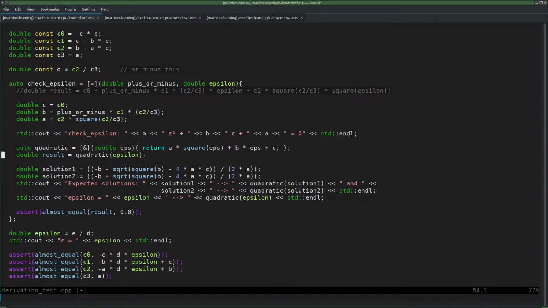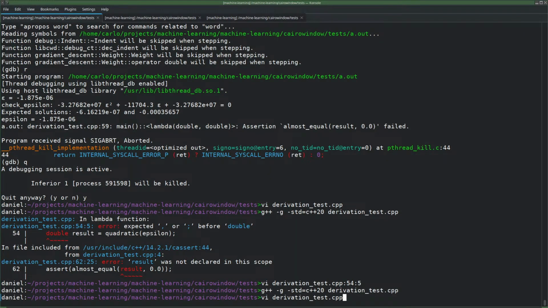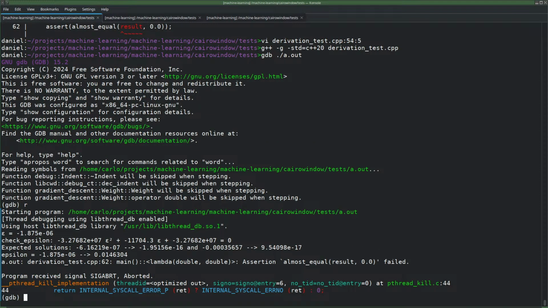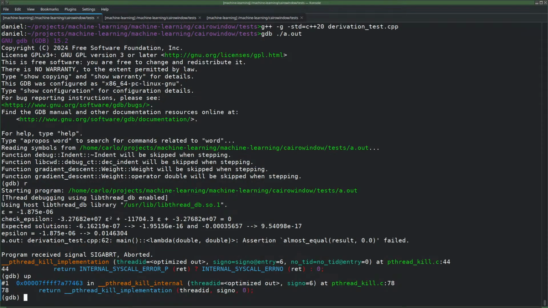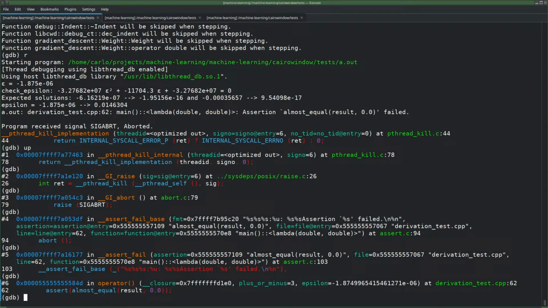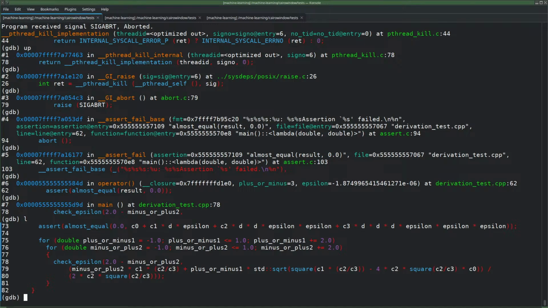I keep doing that. Well, these are definitely less than 10 to the power minus 12, aka 0, aka these are really the correct solutions. And I'm using the same formula as I should be using in passing epsilon. So apparently I'm calling it wrong, right? I mean, I'm calling it with this. How is this not the same then?